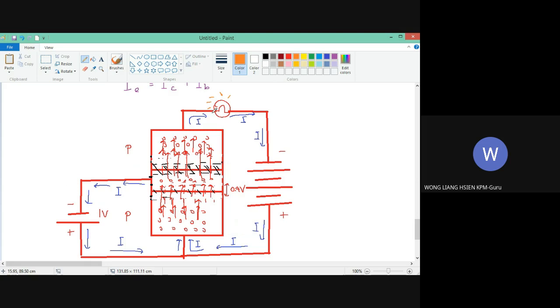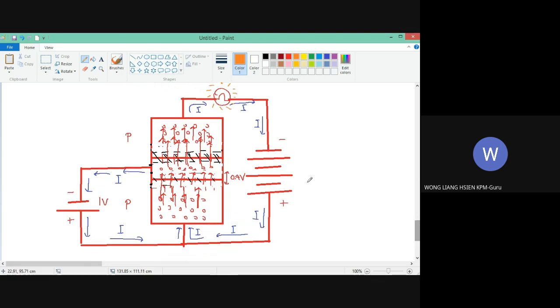The bulb will light up. So that means now we say that the transistor is turned on. The resistance of the transistor is low, and the collector current can flow.